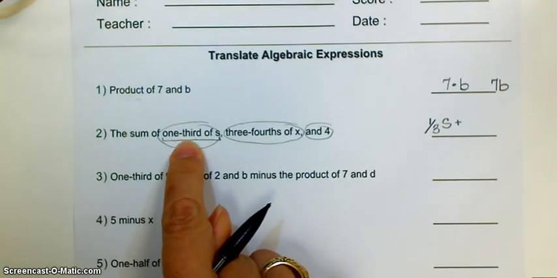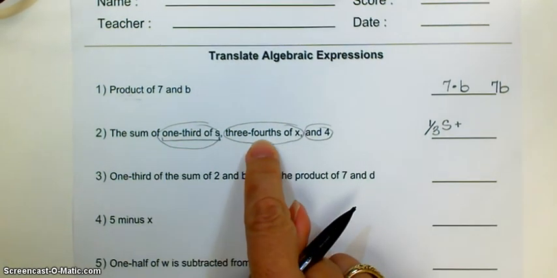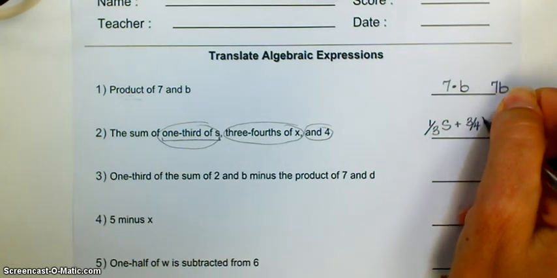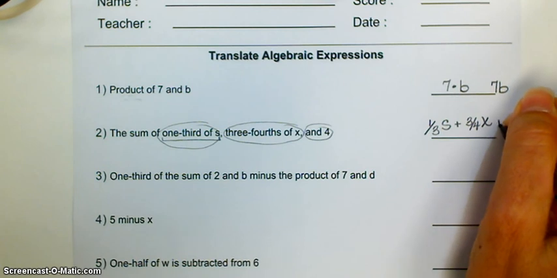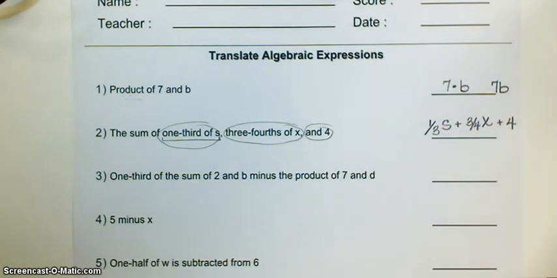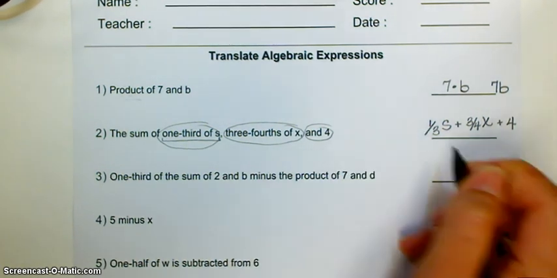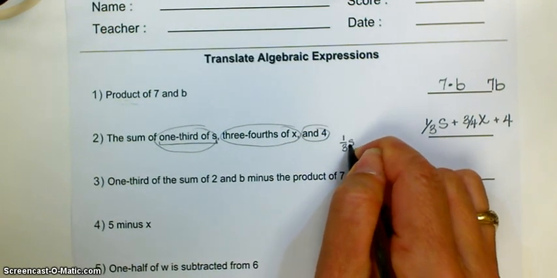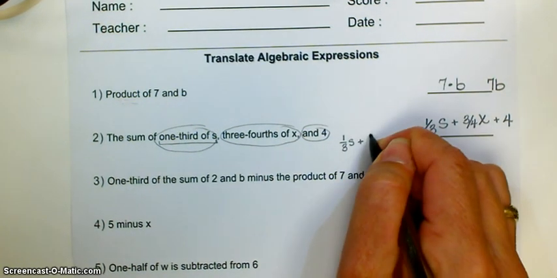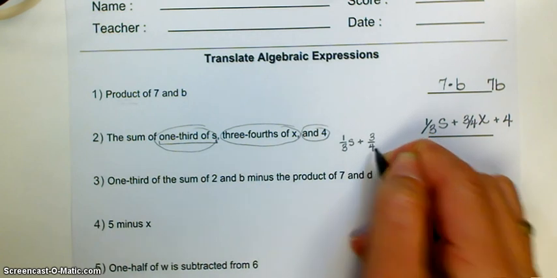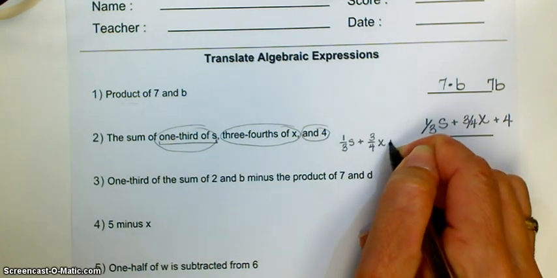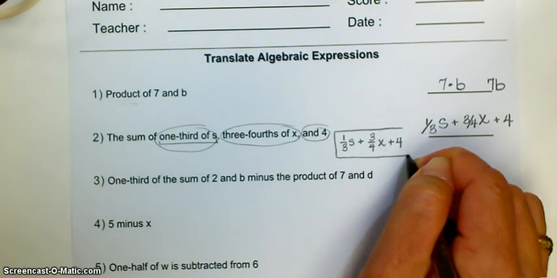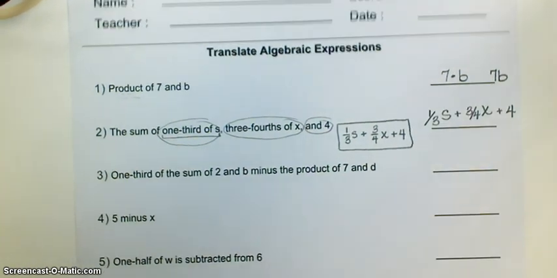The sum of this, 3/4 of x, and 4. Okay? Maybe we'll clean it up and instead of having the slash, we'll do 1/3 s plus 3/4 x plus 4. Okay, so it takes some critical reading to make sure that you're translating these properly.